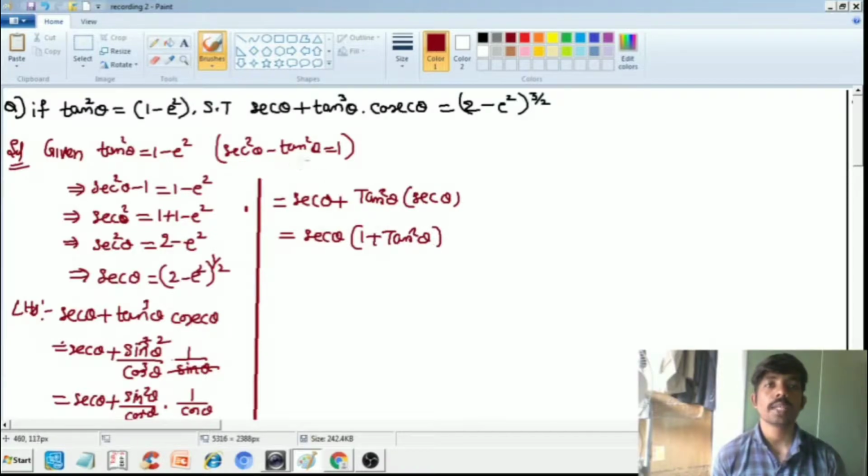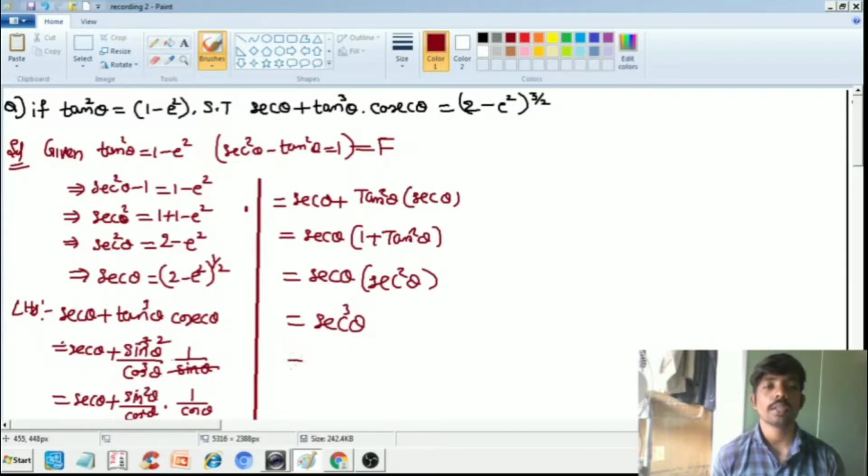We have 1 plus tan square theta, which from the formula is secant square. So I am writing secant theta into secant square, since 1 plus tan square is secant square. Hence we can write it as secant to the power of 3 theta.